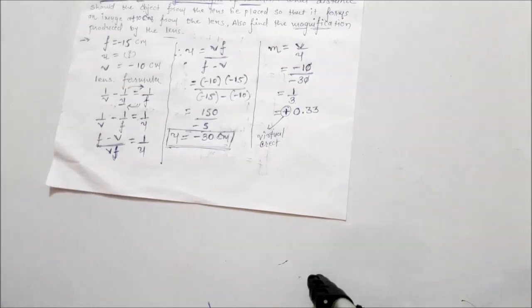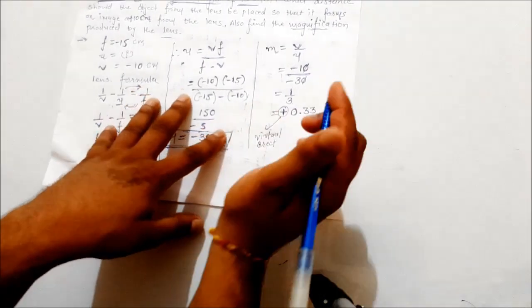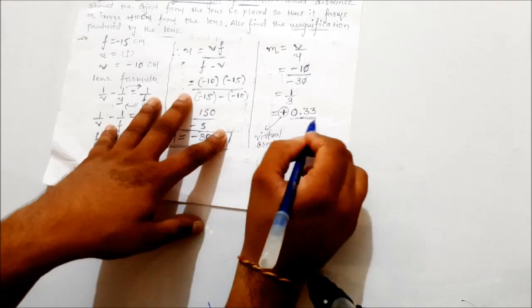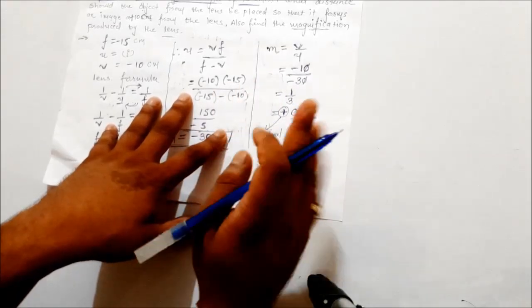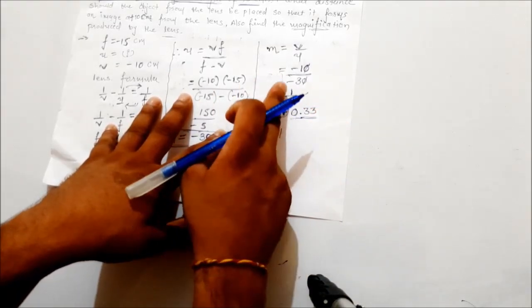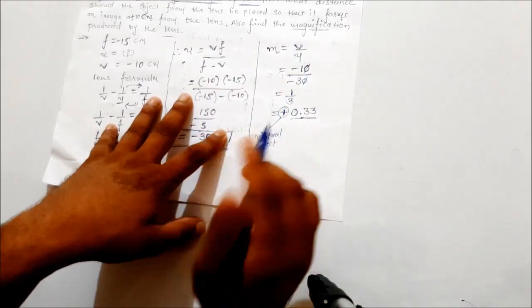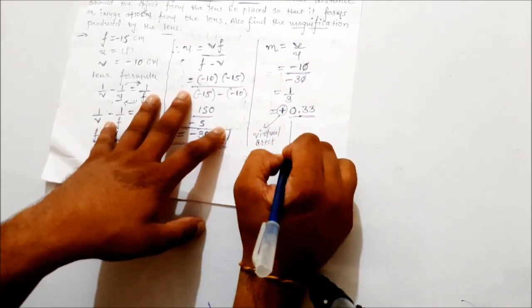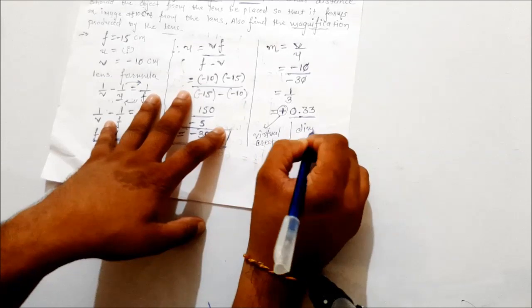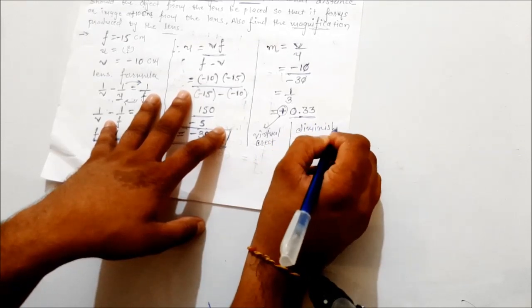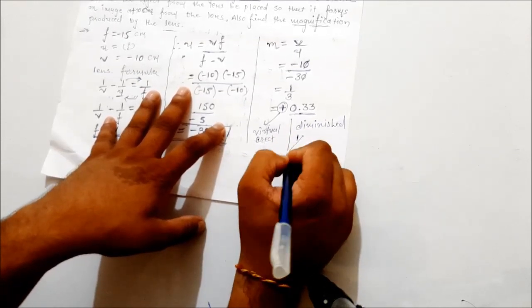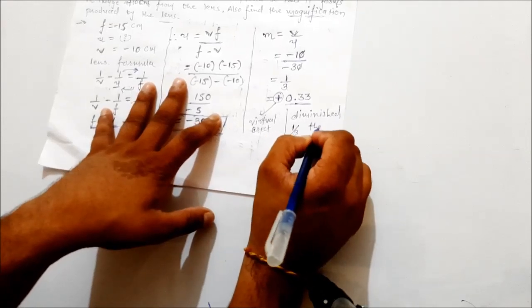This value 0.33 is less than 1, so our image will be small, and 1/3 means it will be third part, right? So here we can say that image will be diminished, and how much small it will be, 1/3 then object.